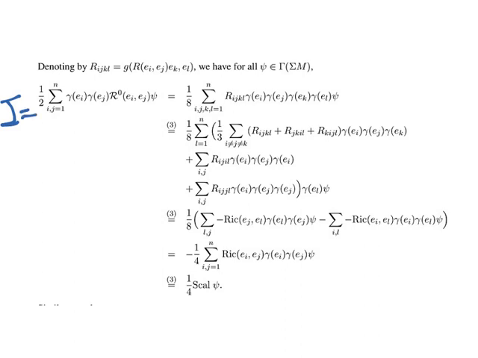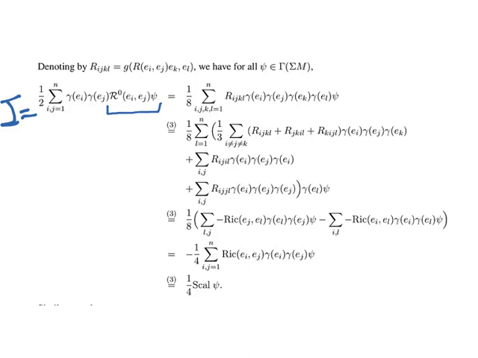In order to calculate quantity 1, I'm going to replace R0 by its expression, R0 e_i e_j, to get 1/8 sum over i, j, k, l from 1 to n of the component R_ijkl of the Riemann curvature, gamma e_i, gamma e_j, gamma e_k, gamma e_l, psi.